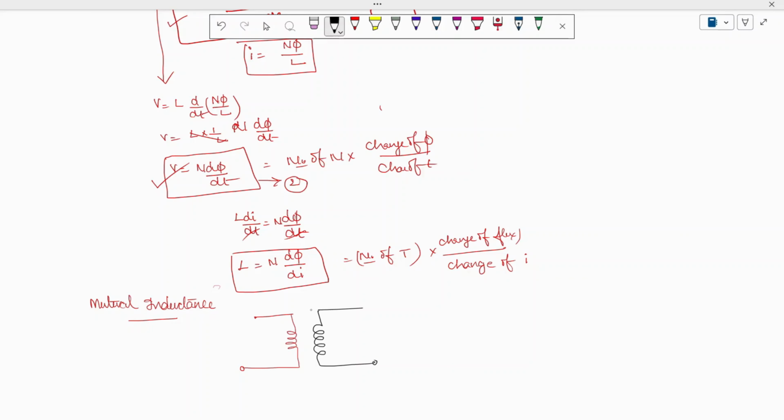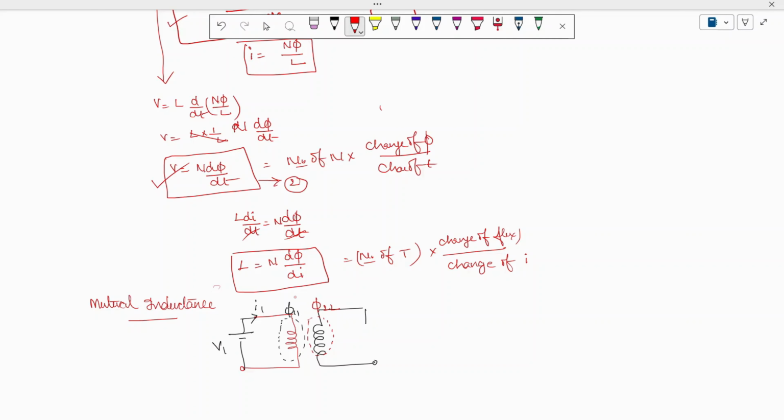Here a voltage is applied, and it carries a current of I1. Here also an EMF may be induced. The flux generated only in this coil is phi 11. The flux generated only in this coil, we call it phi 22.